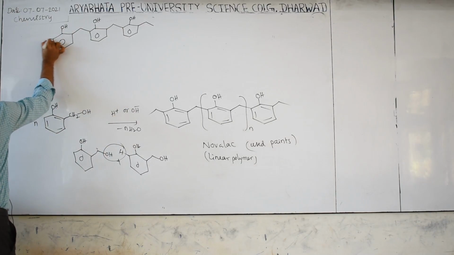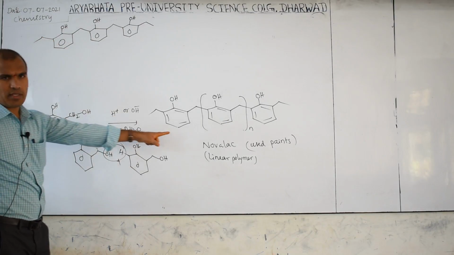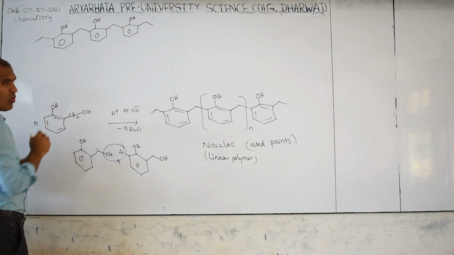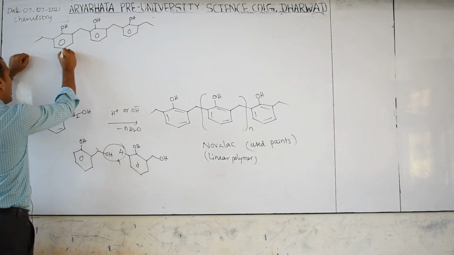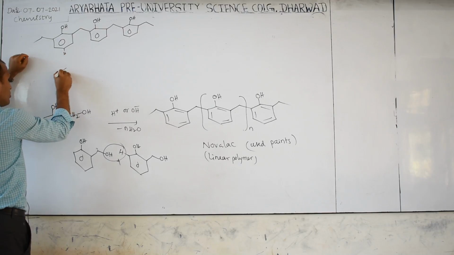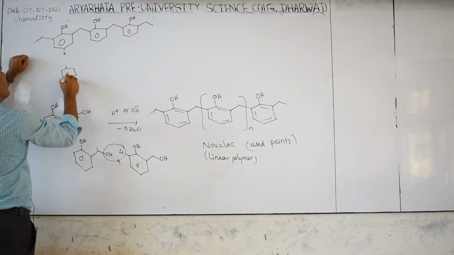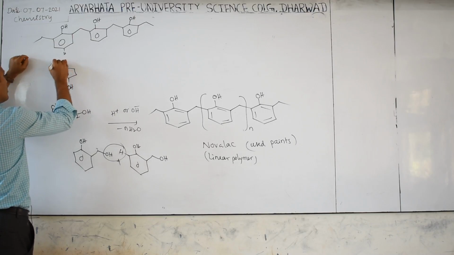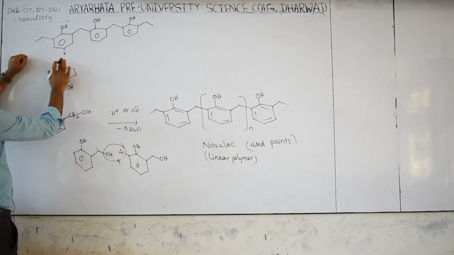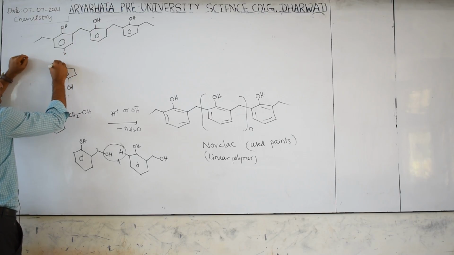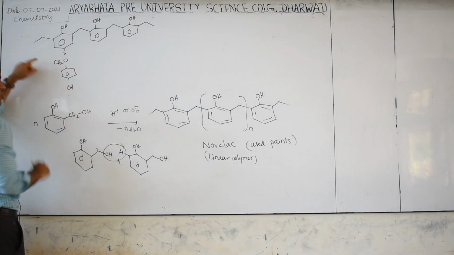Here also the same pattern. This is Novolac. Now here also bonds form in the same way, because here H, OH, for your understanding, but don't draw this part, again I will remove and write. This is CH2O.